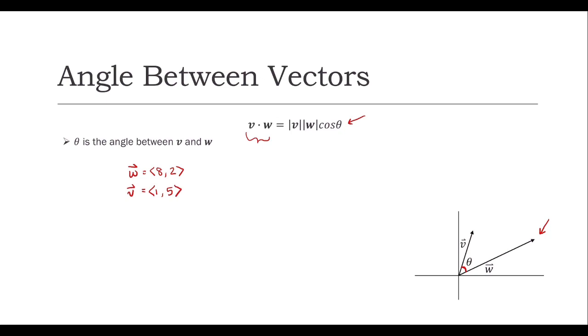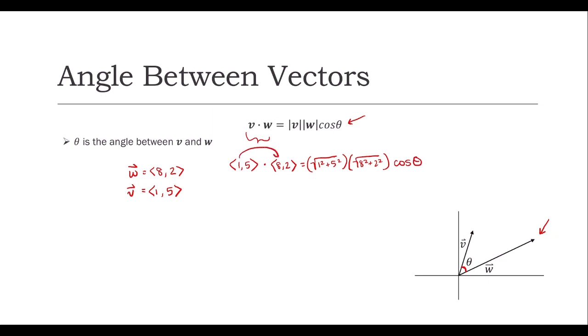So if w was equal to (8, 2), and v was equal to (1, 5), then we could figure out the angle in between by doing the dot product, (1, 5) dot (8, 2), equals the magnitude of v, so the square root of 1 squared plus 5 squared, times the magnitude of w, so the square root of 8 squared plus 2 squared, times your cosine of that angle.